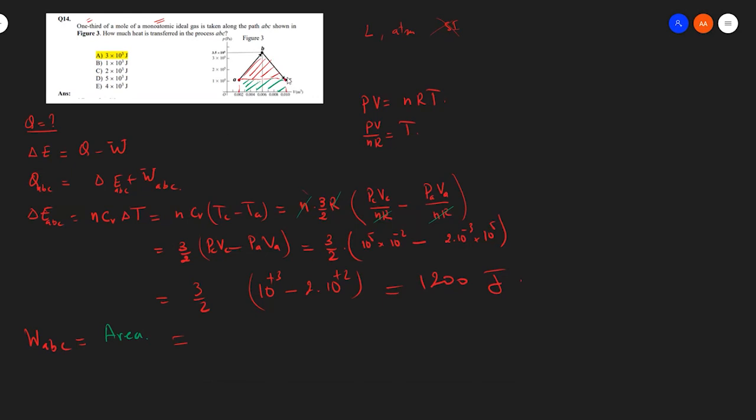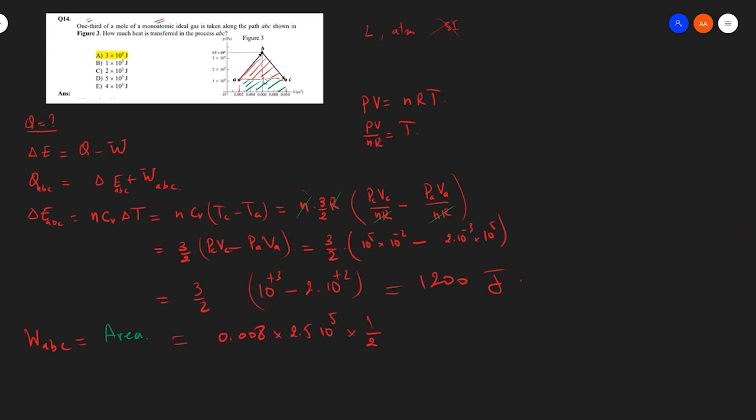The area is equal to what? We have a triangle and a rectangle. We need to sum them. So we have the base. The base is equal to 10 minus 2 times 10 to the minus 3, so it's 8 times 10 to the minus 3. This is the base multiplied by the height. The height is from 1, and I have here 3.5, which means 3.5 minus 1, it's 2.5, times 10 to the power 5, over 2.